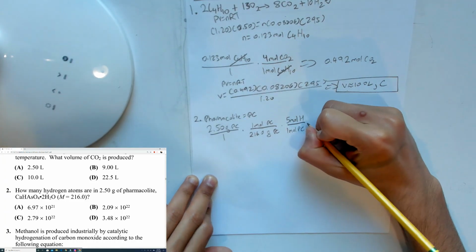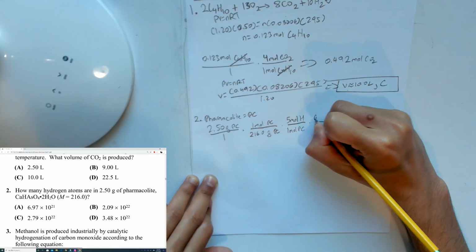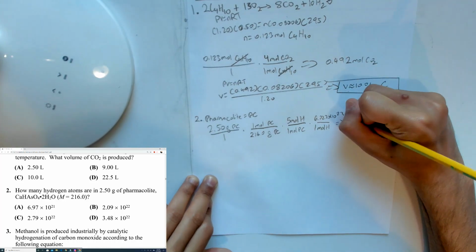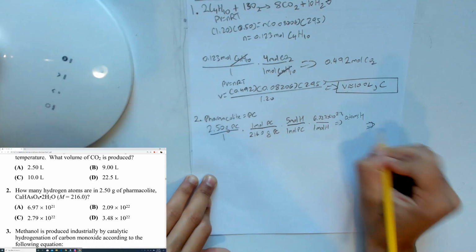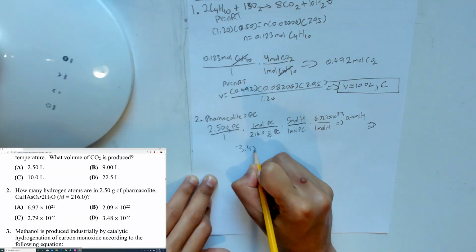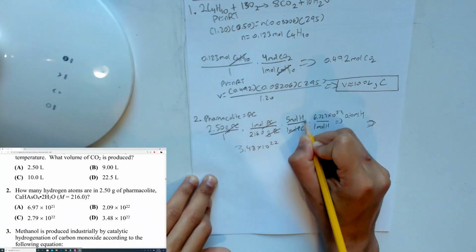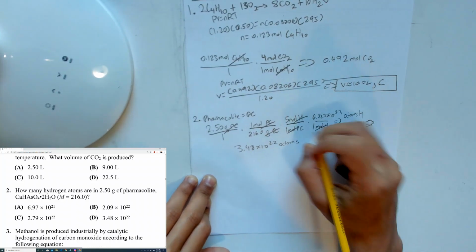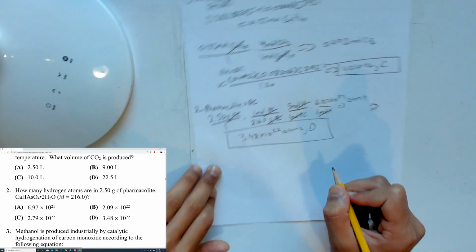Then we use Avogadro's constant to get atoms of H, and this gives us the answer, D. It's an easy problem.